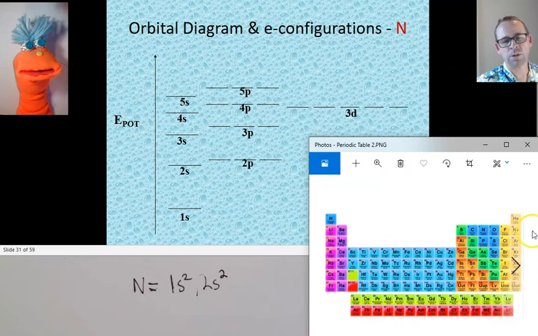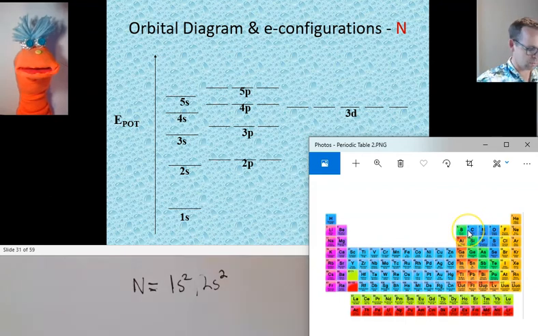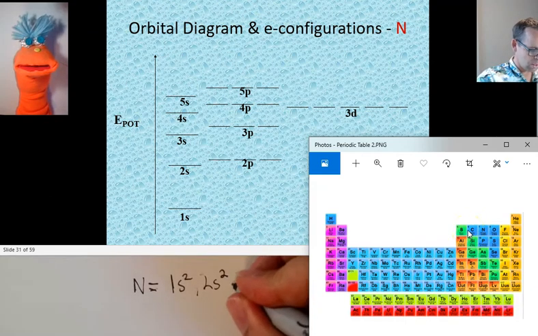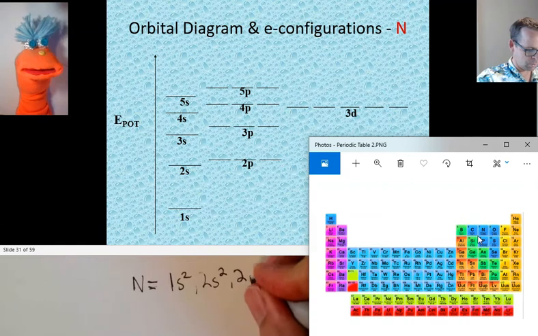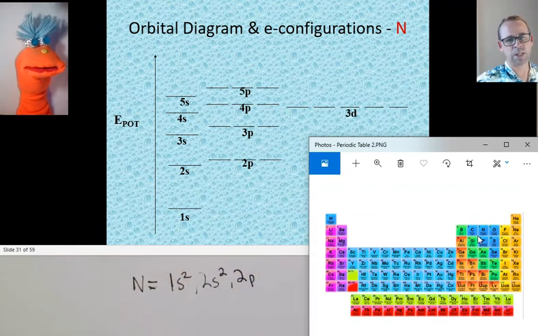This block over here corresponds to L equals 1, or our P block. All right. So boron, carbon, nitrogen, those next 3 electrons are n equals 2, right? Still the second row, but we're in the P block, so 2p, and there's 3 electrons, 1, 2, and 3.